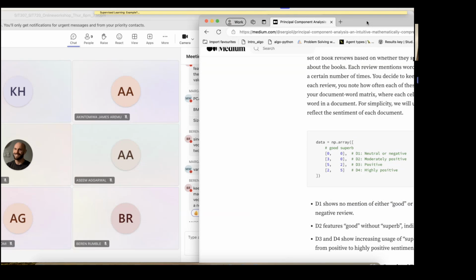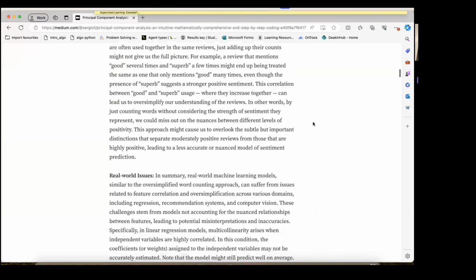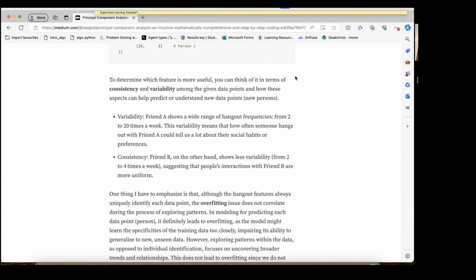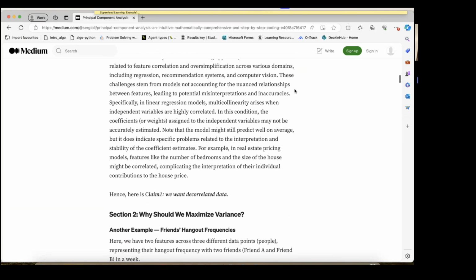This is the key thing we need to do. This is why we need PCA. So our goal is to find a vector to dot product with the original features to get a new feature which will maximize the variance.